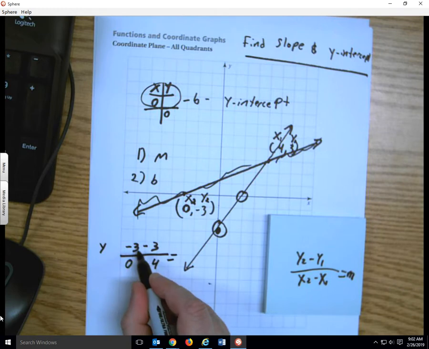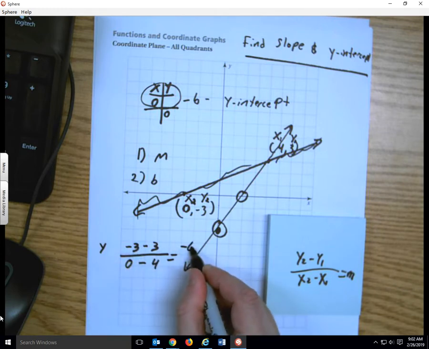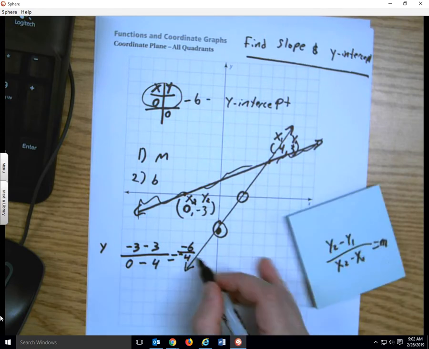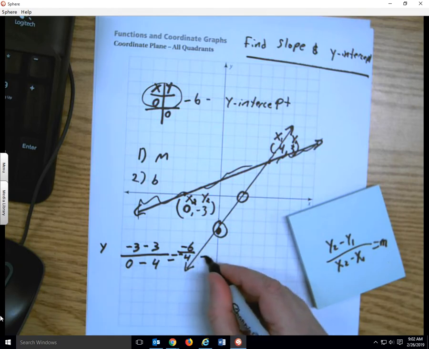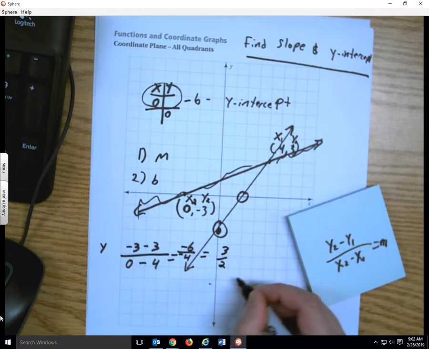A negative 3 minus a positive 3 would be a negative 6. 0 minus 4 would be a negative 4. And then since they're both divisible by 2, the greatest common factor is 2, it'd be simplified to 3 over 2, and that's my m.